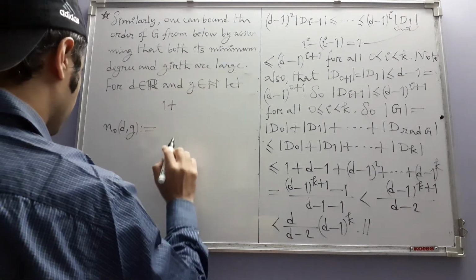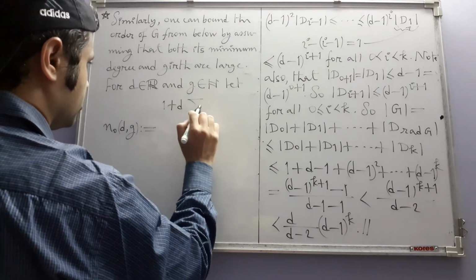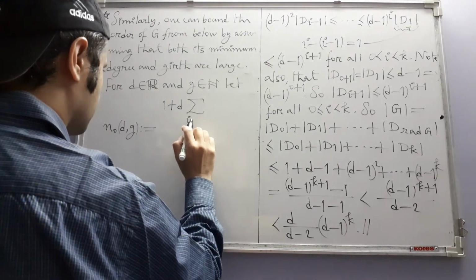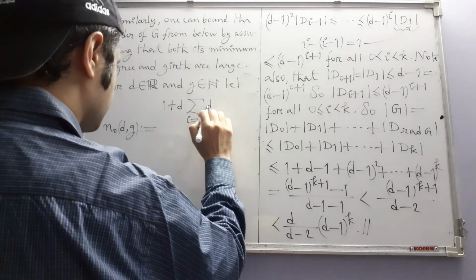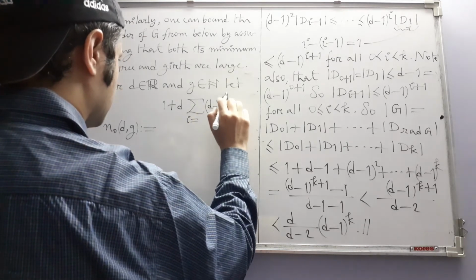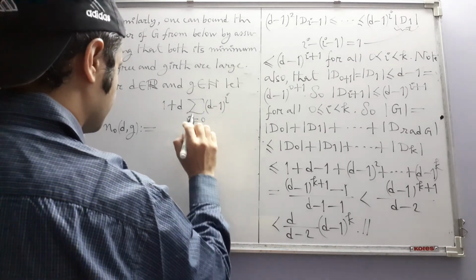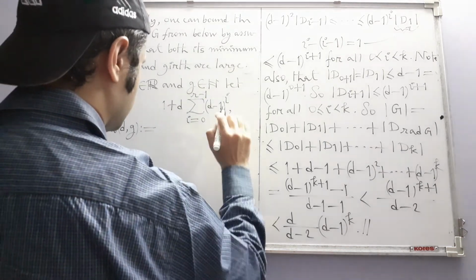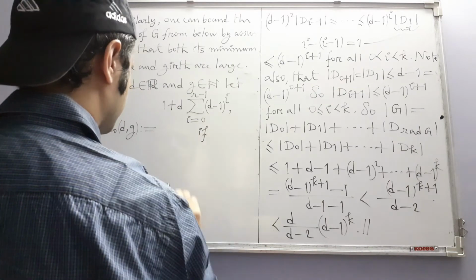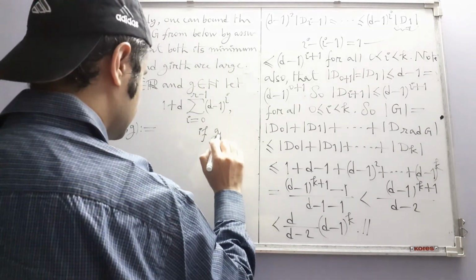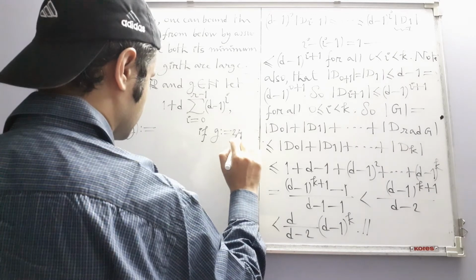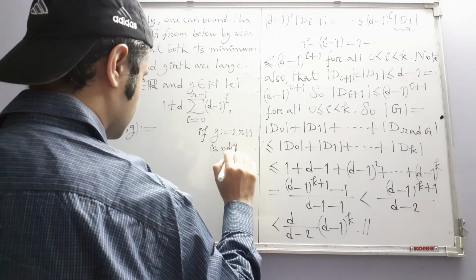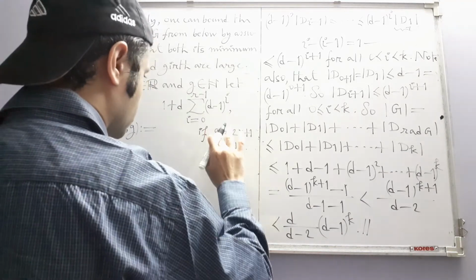It is equal to 1 plus d times summation of d minus 1 to the power i, where i is varying from 0 to r minus 1, if g, which is 2r plus 1, is odd.